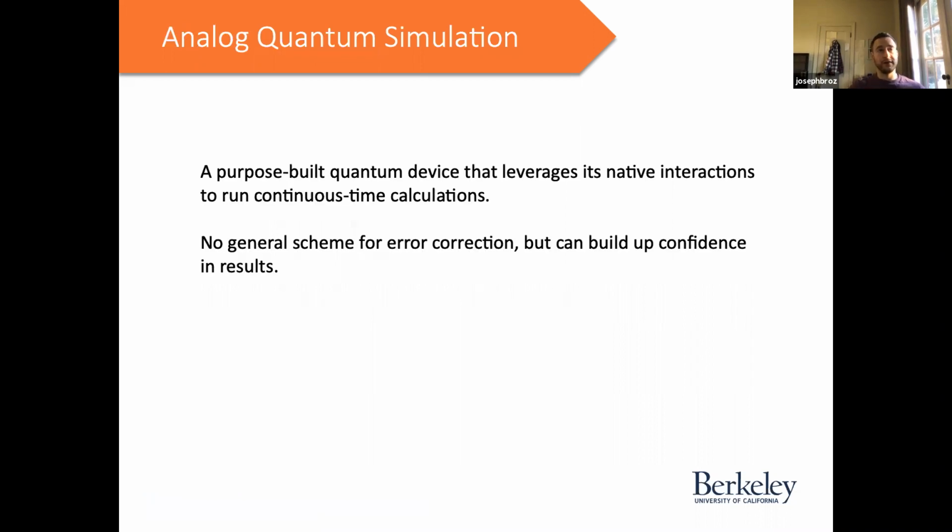So an alternative is analog quantum simulation. I'm just going to give a general description of this. Analog quantum simulation is, in my opinion, a purpose-built quantum device that leverages its native interactions to run continuous time calculations. And probably the continuous time part is the real definition.